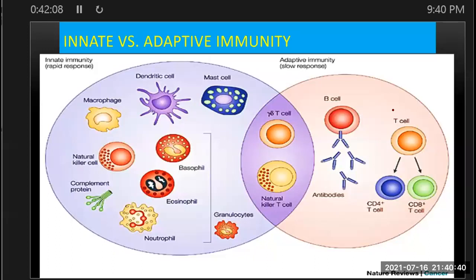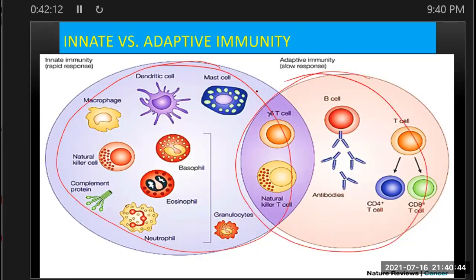So here, it is showing an overlap of the innate and the adaptive immunity, because we cannot really say that the innate functions first and then is followed by the adaptive. No, they work in an overlapping manner. There is really a crosstalk or interplay between the two types of immunity. The innate responses call the adaptive immune responses into play, and both work together to eliminate the pathogens.